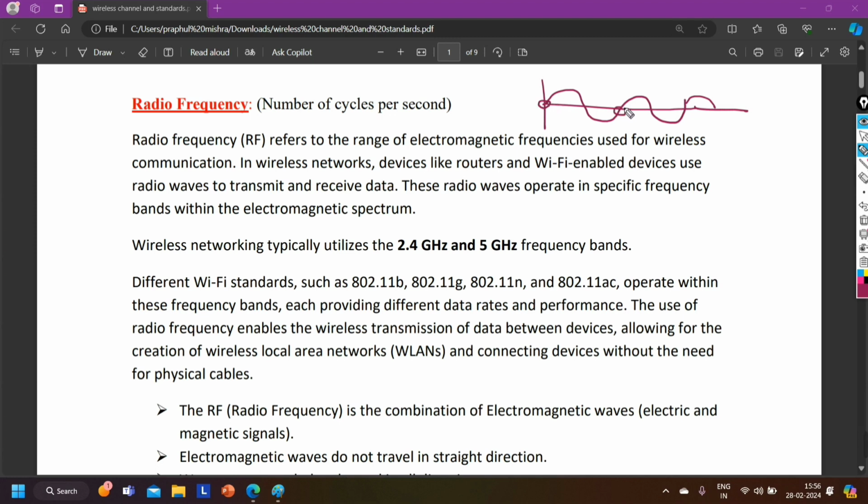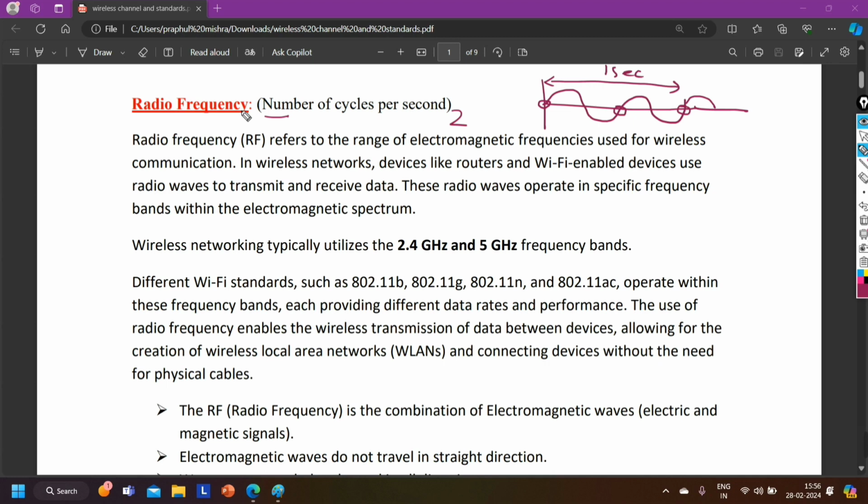At this point it has completed one cycle, at this point it has completed two cycles. So let's say this signal has completed two complete cycles in 1 second. So frequency is going to be 2, 2 gigahertz. So radio frequency is nothing but the number of cycles per second, meaning how many cycles a signal is going to complete in 1 second. That is known as frequency.